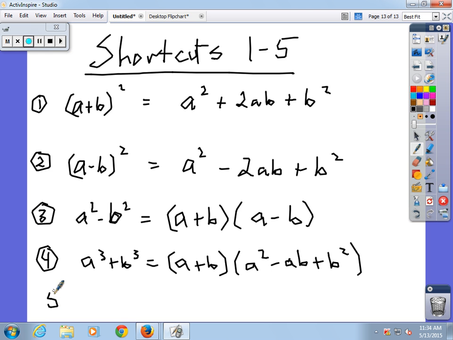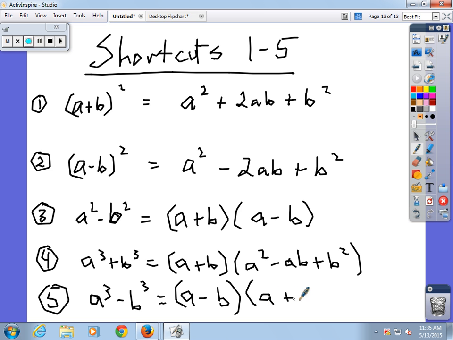And 5 is A cubed minus B cubed. Why is 5 A cubed minus B cubed? Well, A comes before S. That's fine. A minus B. Again, you only have to remember one thing, and it's the opposite sign.